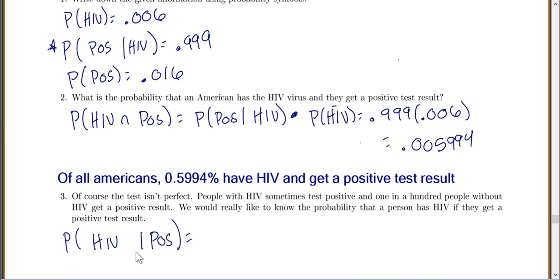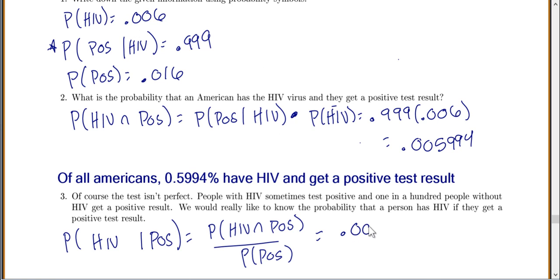So we want to find a conditional probability. You always start by doing the probability of the intersection, and then you divide by the probability of what was known, which is that you had a positive. So we have all these probabilities written up above. The intersection is 0.005994, and probability of positive is 0.016.